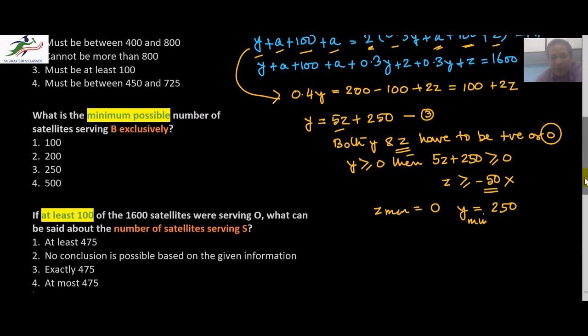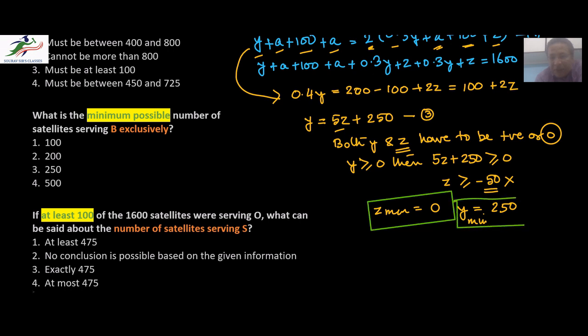Now let us look at the second equation. Let us mark this one. Z minimum is 0, y minimum is 250. This is important. Now we take the second equation. From there we can write y and then 0.3y and 0.3y, that means 1.6y. And then we have plus A and 2A, plus 2A. And then we have 100.